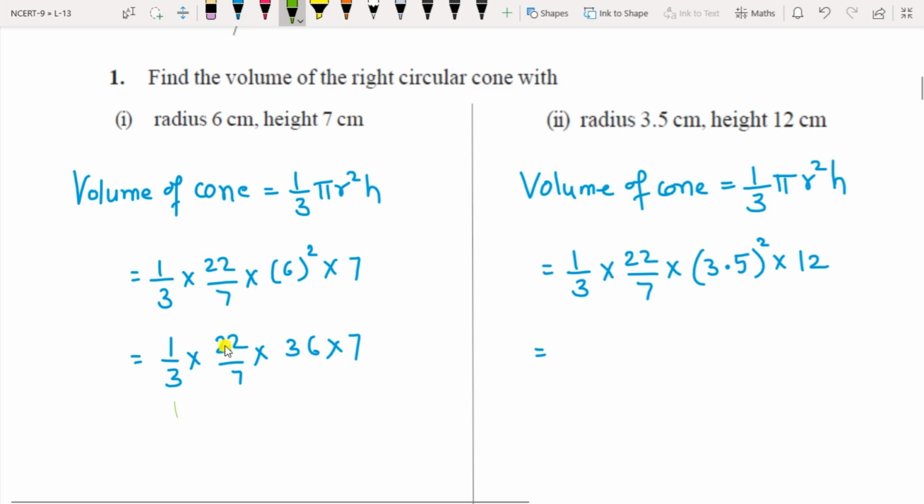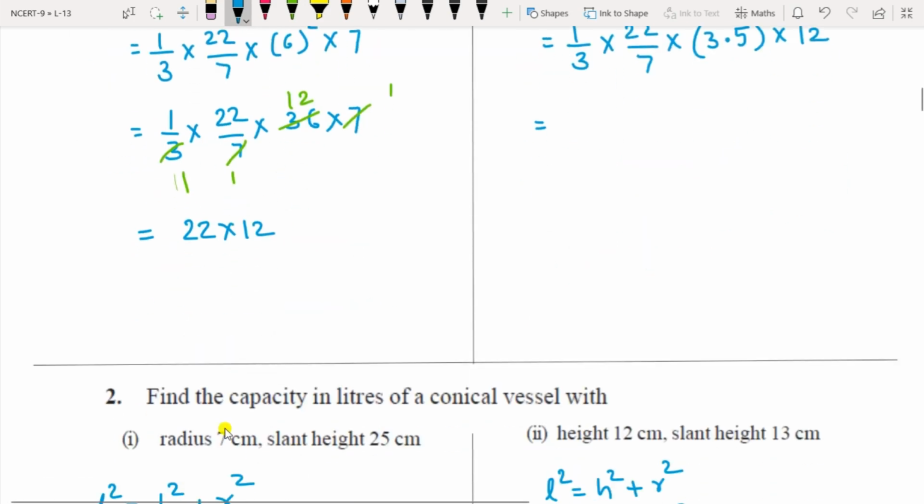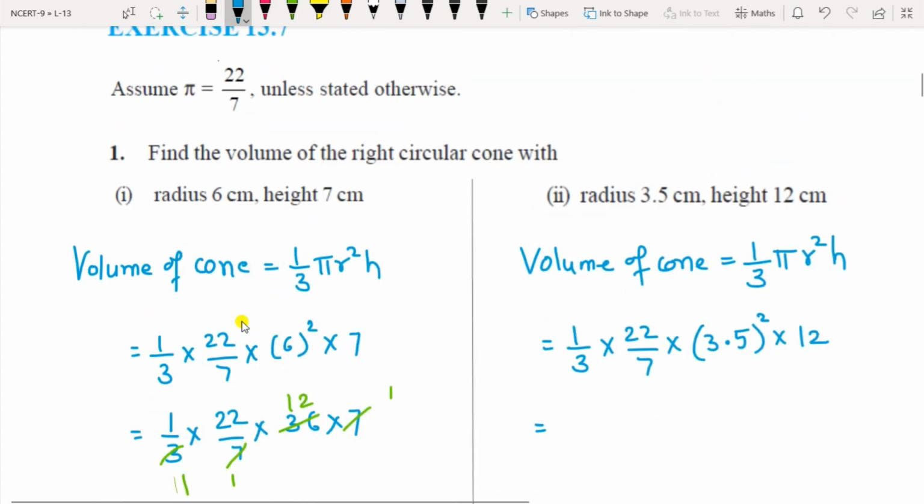The 7s get cancelled, and 3 1s are 3, 3 4s are 12. So the remaining is 22 into 12, which is 264 centimeter cube, the volume of the given right circular cone.